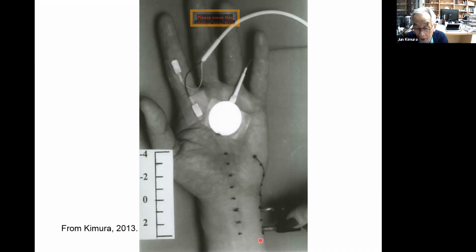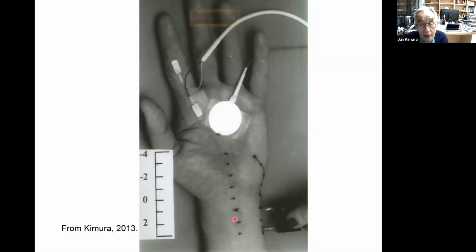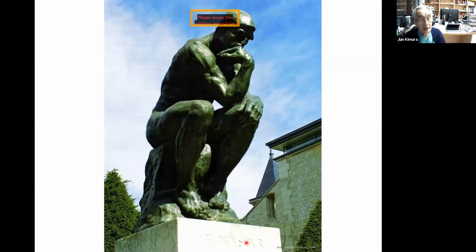Okay, I'm running out of time, but let me show you. When you do median nerve recording from the lumbricalis, with 1 centimeter increment imaging, you get a linear latency change, and the amplitude does not change. The ulnar nerve is the same: linear change, and the amplitude does not change, right?